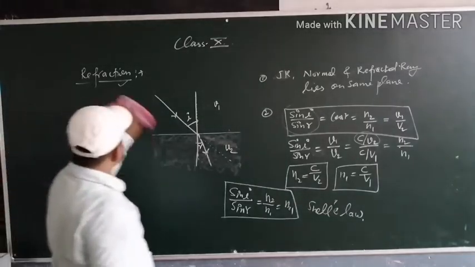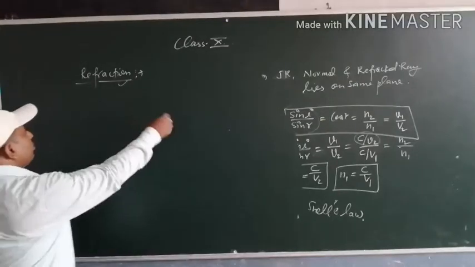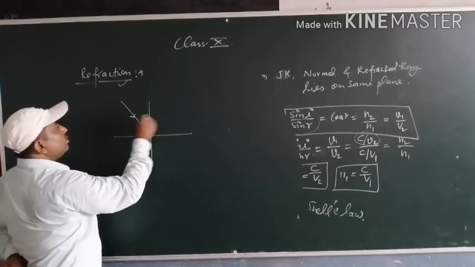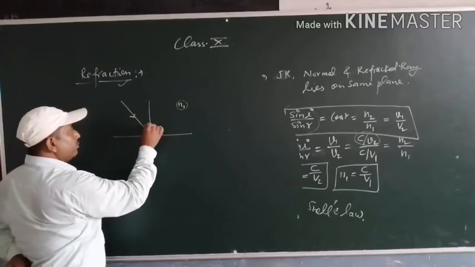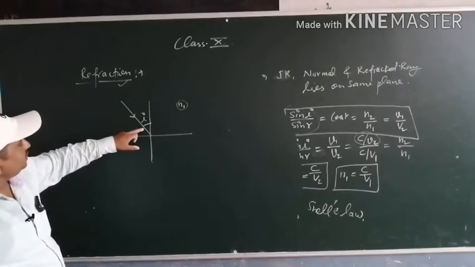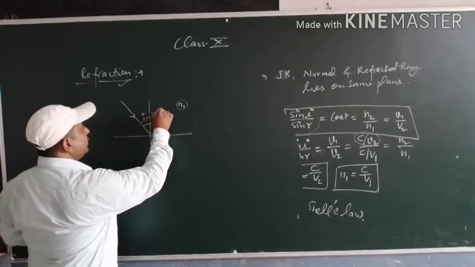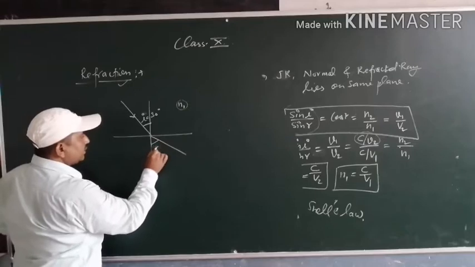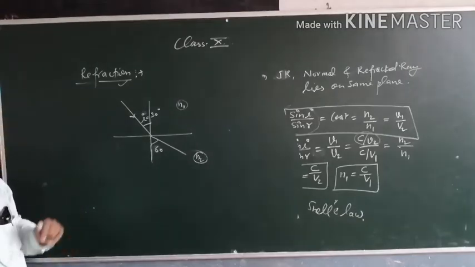Suppose we have a numerical problem, where a light ray goes from a medium whose refractive index is N1, and the angle of incidence in that medium is 30 degrees, and after refraction it makes an angle of 60 degrees in the second medium whose refractive index is N2.